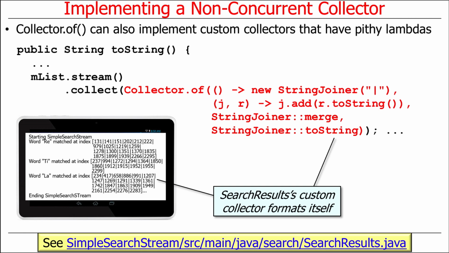If there's something more complicated, then you may actually want to go ahead and define your own class that will implement the collector interface. So there's two ways to do it. If it's a very simple thing where it's like this, where these are all just one-liners or method references, use of.